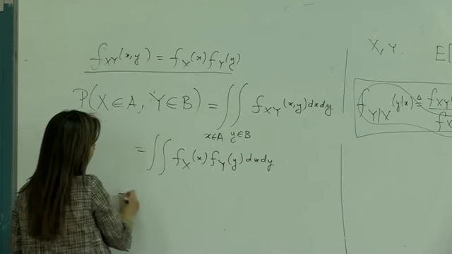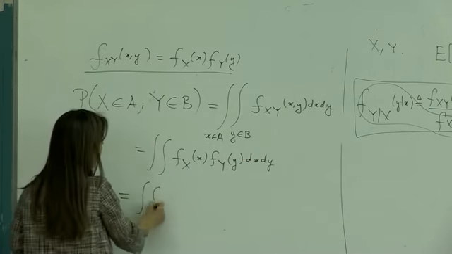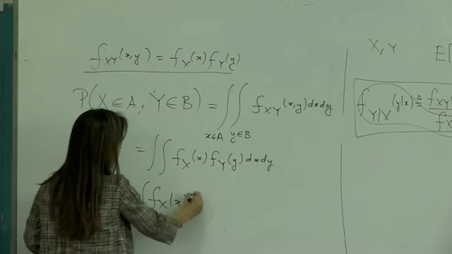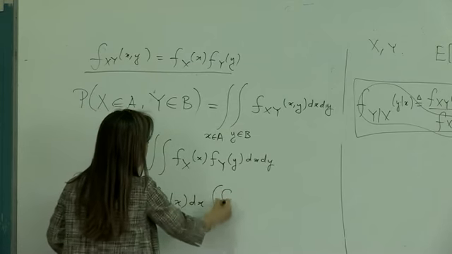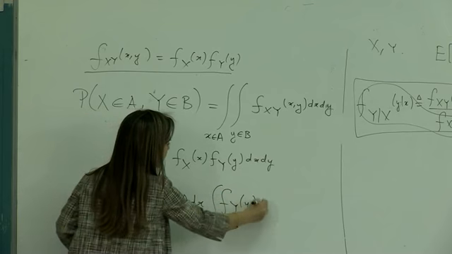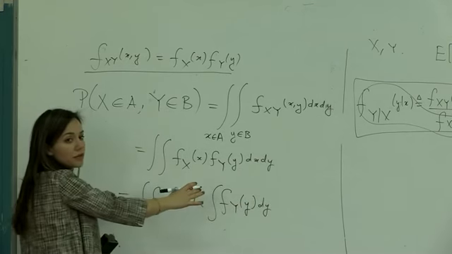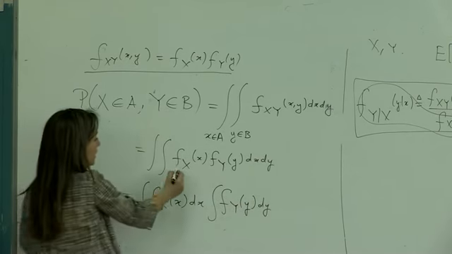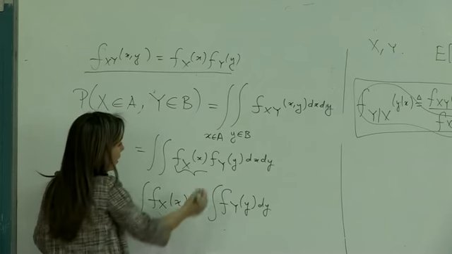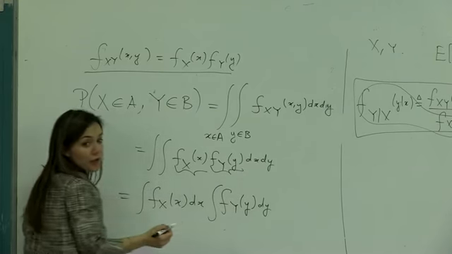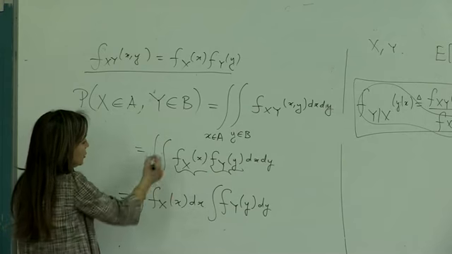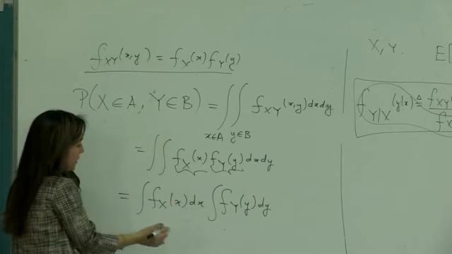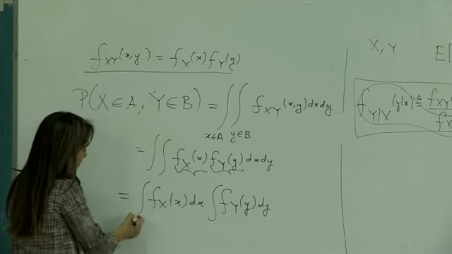So the integral breaks into the product of two integrals. The integral factorizes. You see that, right? Because this is not a function of y, and this is not a function of x. So the joint integral breaks down into the product of two integrals.